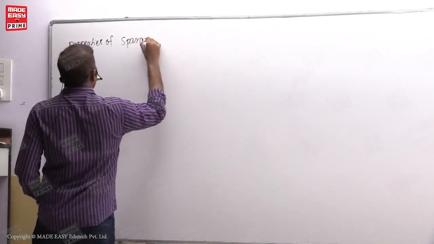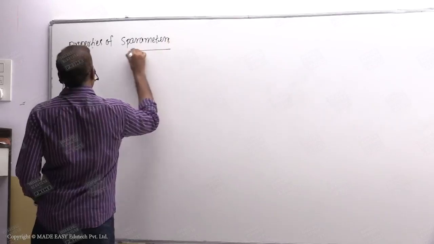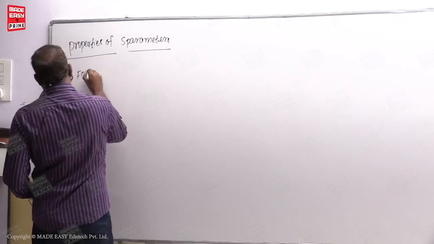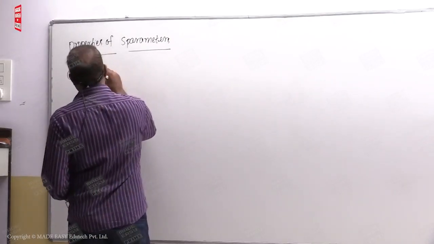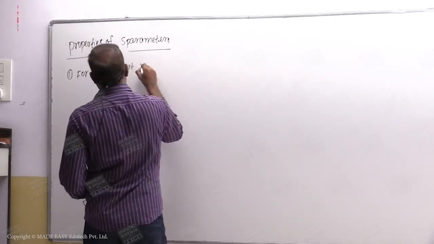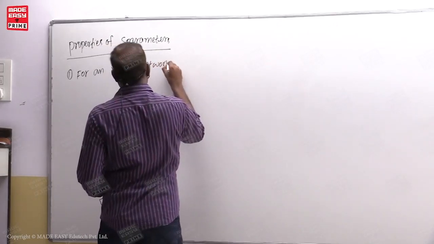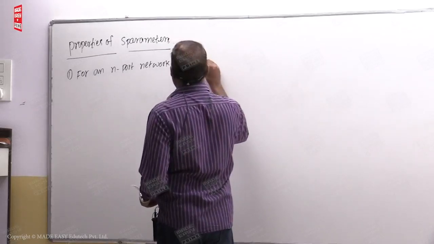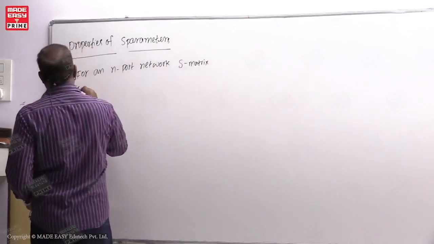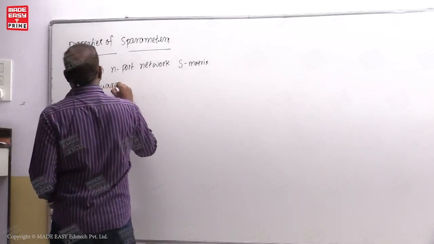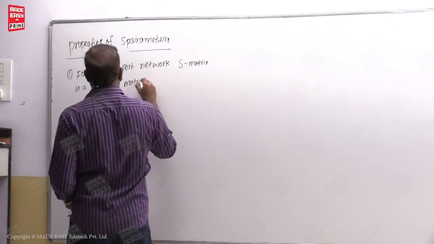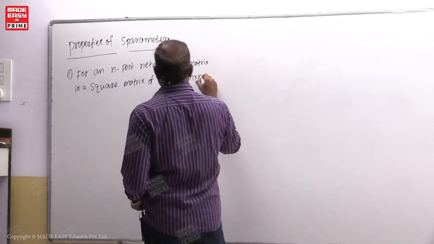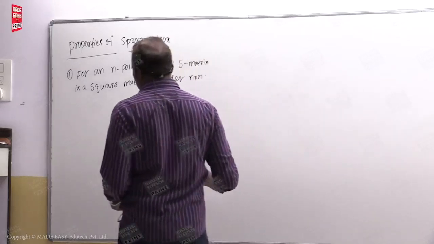First property: for an n-port network, the S matrix is a square matrix of order n by n, right? That is the first point.